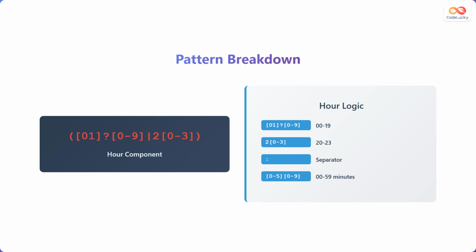The 2[0-3] handles hours from 20 to 23. The next part is the colon, which is the separator between hours and minutes. Finally, [0-5][0-9] indicates the minutes ranging from 00 to 59.